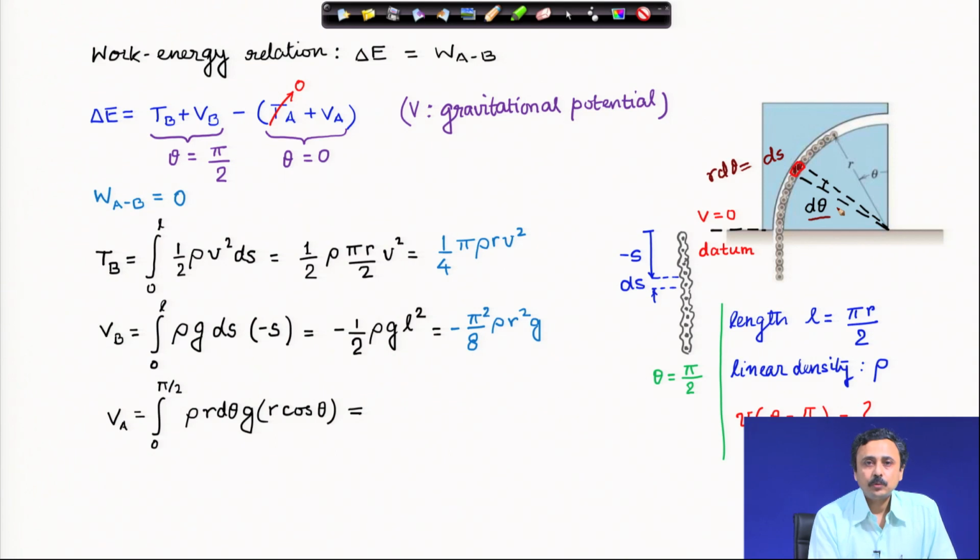I have to calculate the potential energy of this little element. First, rho is the mass per unit length, r d theta is the length. Therefore, rho times r d theta is the small mass of the element, g, and the height of this element from the datum. Now, height from the datum is this.